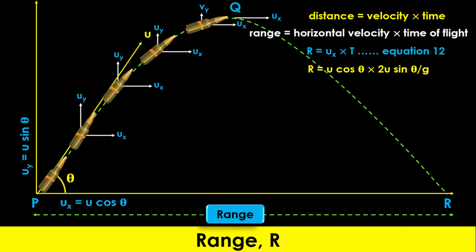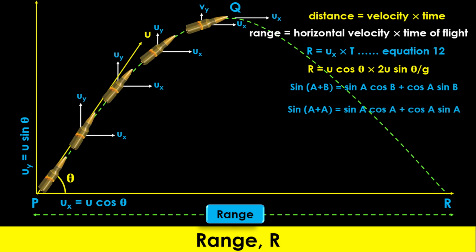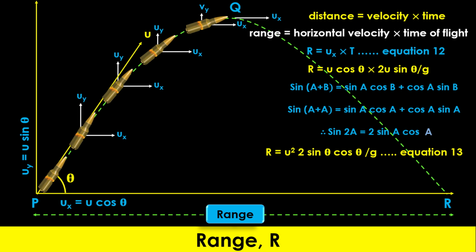From our knowledge of trigonometric identities, we know that sine of A plus B equals sine A cos B plus cos A sine B, and sine of A plus A equals sine A cos A plus cos A sine A, which is equivalent to 2 sine A cos A or 2 cos A sine A. Therefore, using this knowledge, we can replace 2 cos theta sine theta in the above equation with sine 2 theta.